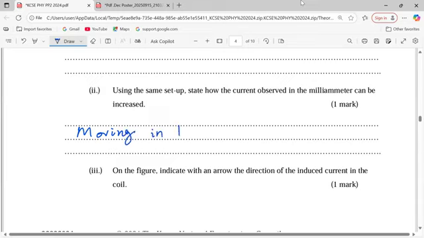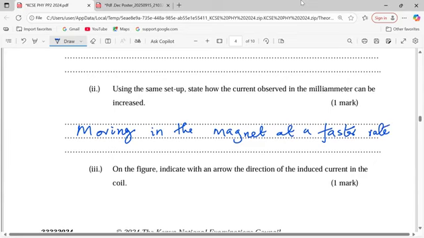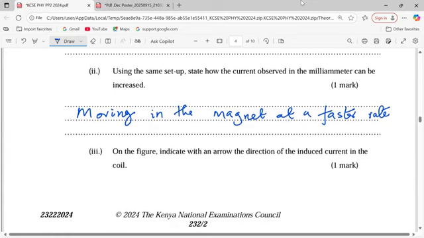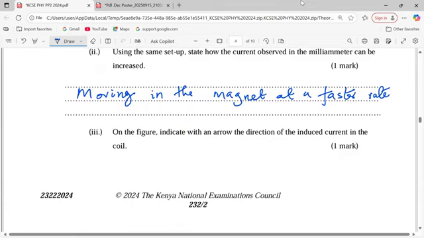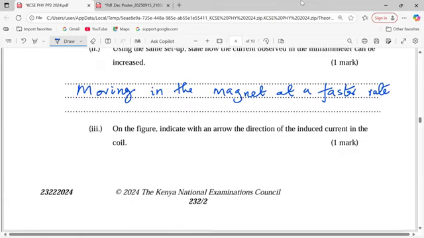That way, we will not have changed the setup. We will have an increased rate of magnetic flux linkage, leading to a greater EMF and hence a greater current shall flow.